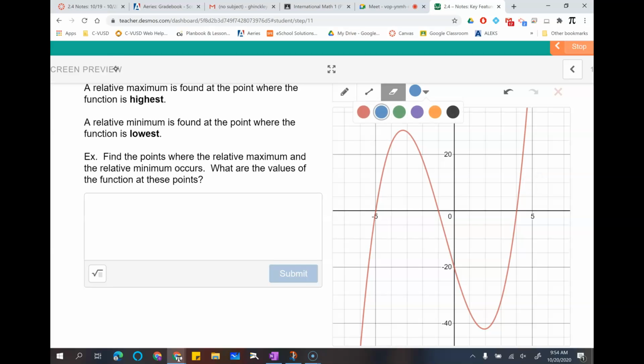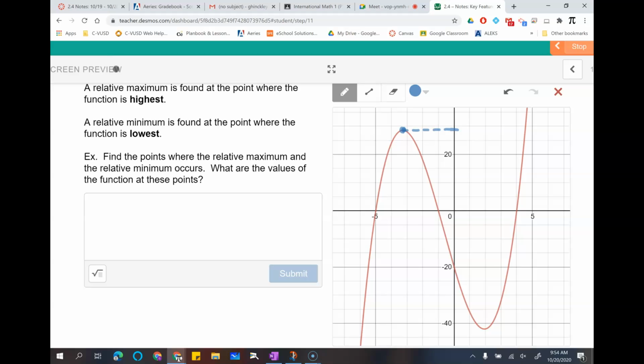So if I go to my relative maximum here, I say there's my maximum point, and I come over to my y-axis. This gives me that maximum value, that high value. When we deal with maximum and minimum, we always relate back to the y-axis and see what is the value of that point at that maximum value.